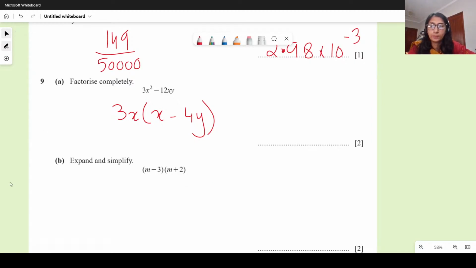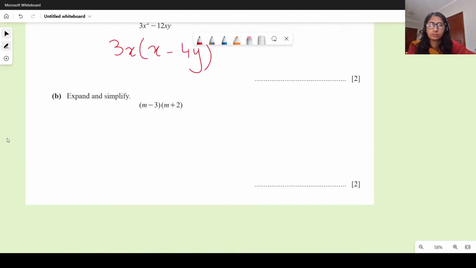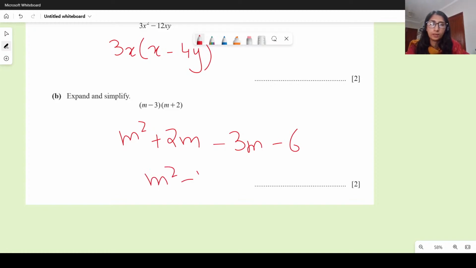Next is expand and simplify. So you just have to open the brackets. m squared plus 2m minus 3m minus 6, which gives us m squared minus m minus 6. Okay, next question.